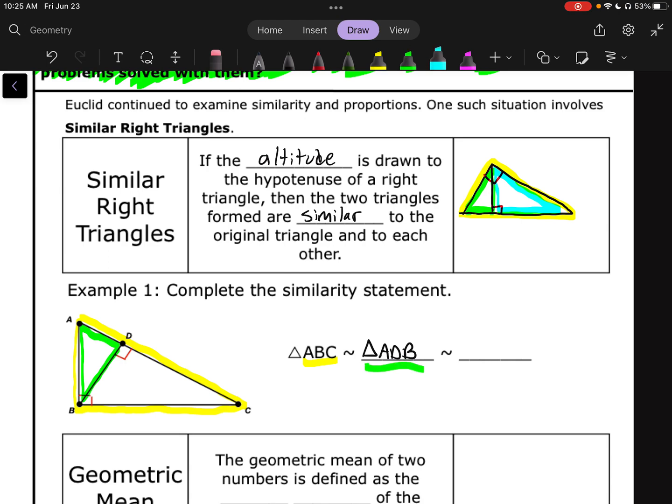And then for the last one, the short leg is BD, so BDC. So those are going to be our three similar right triangles. Notice all of them have the right angle in the middle, right? A, B, C. B is the right angle of the big triangle. A, D, B. D is the right angle of the green one. And B, D, C. D is the right angle of the blue one.